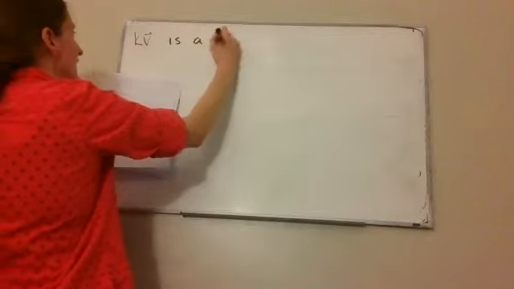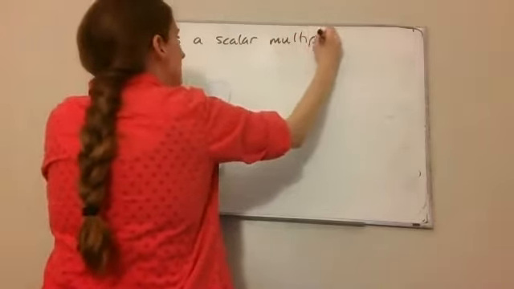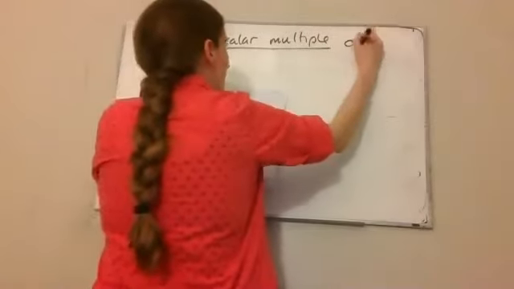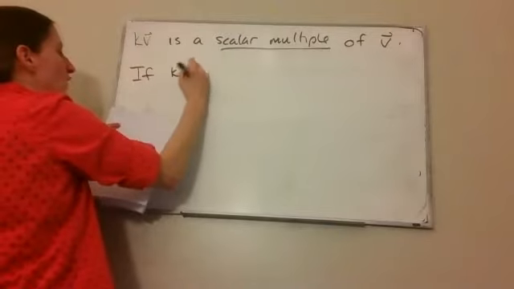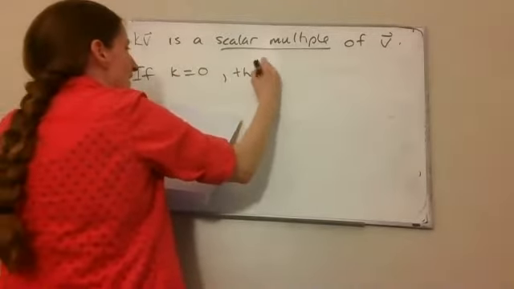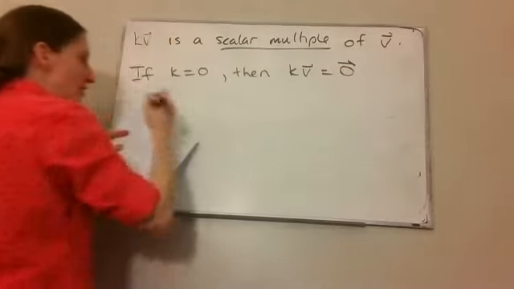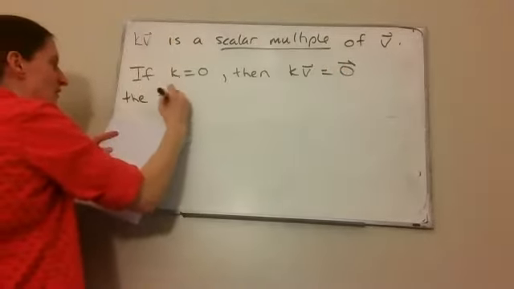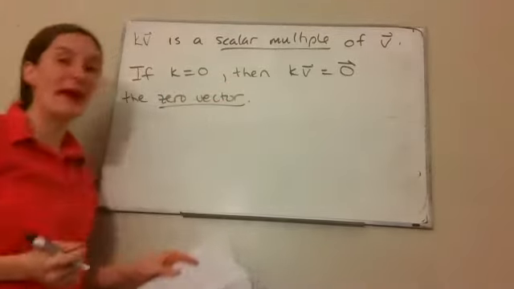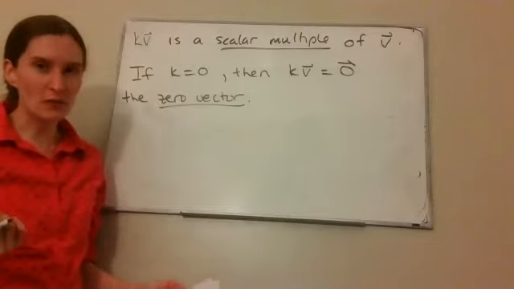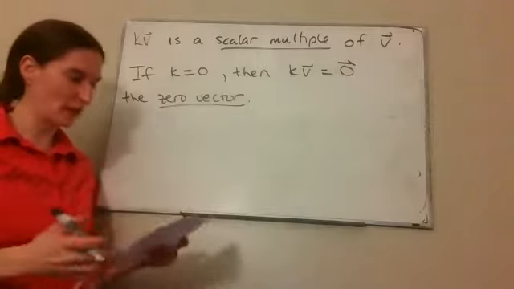If k happens to equal 0, then k times v equals the 0 vector. And the 0 vector has magnitude 0 and no direction. You can think of it as not really going anywhere, and it has no length.